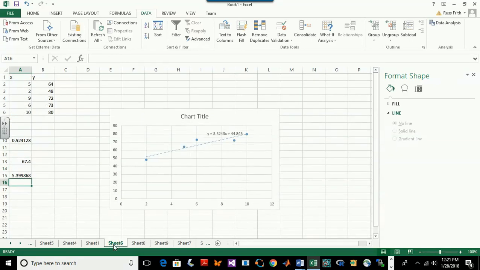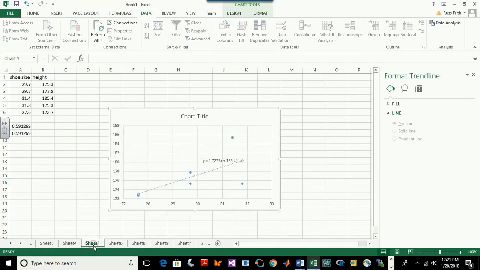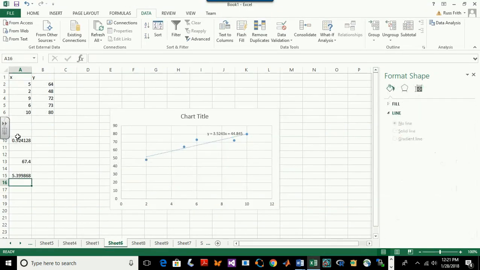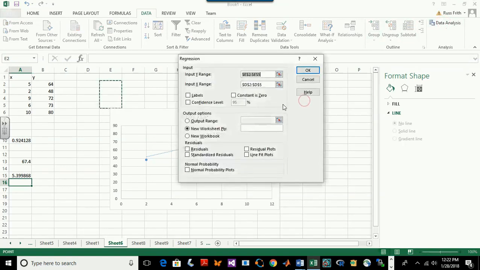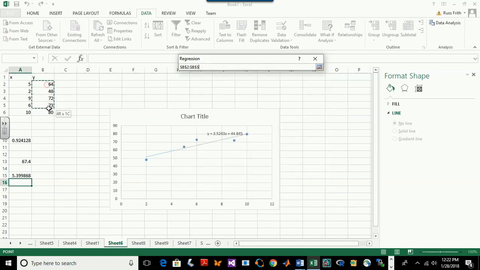Where was it? This was our test. Okay. All right. So for our test score problem, we wish to find the unexplained variation. Okay. So the unexplained variation, again, we can run the data analysis Excel regression tool. And so the Y range is here.